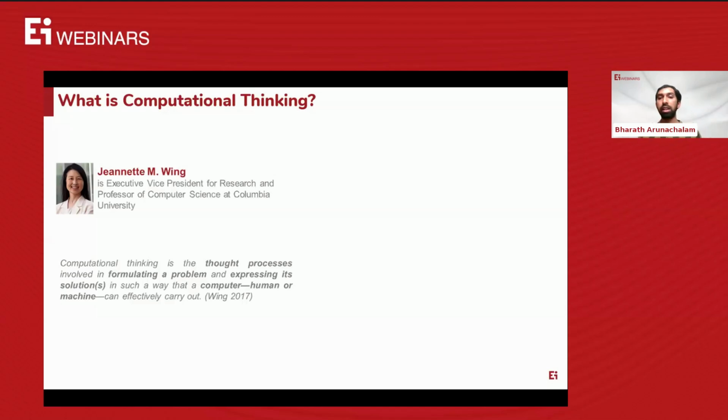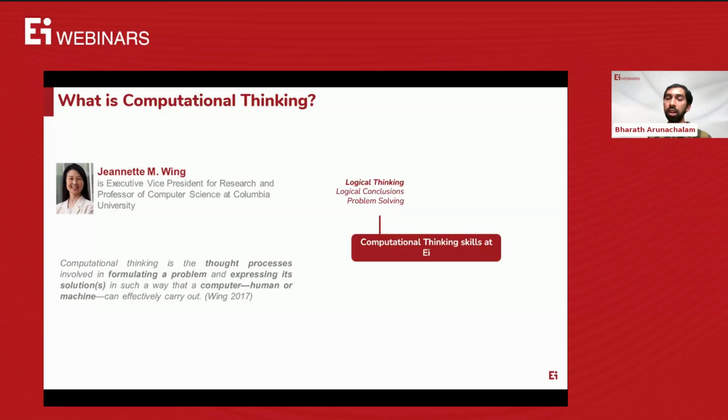Next, we look at the skills there are at EI for computational thinking. First, we have logical thinking skills, which include logical conclusions and problem solving. Next, we have pattern recognition, wherein you identify certain patterns in a large data set and then figure out maybe this is what is causing a certain thing.